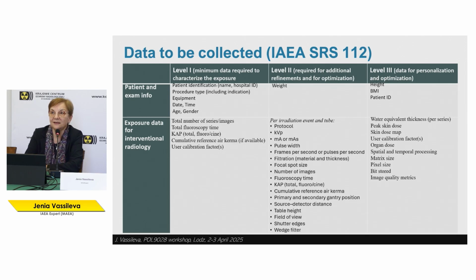If we are collecting them manually, extracting from the archives, we are at level 1. That is the minimum we need to know. Of course, patient information, patient age and weight, but also total number of series, total fluoroscopy time, DAP, cumulative reference air kerma, and calibration factors.